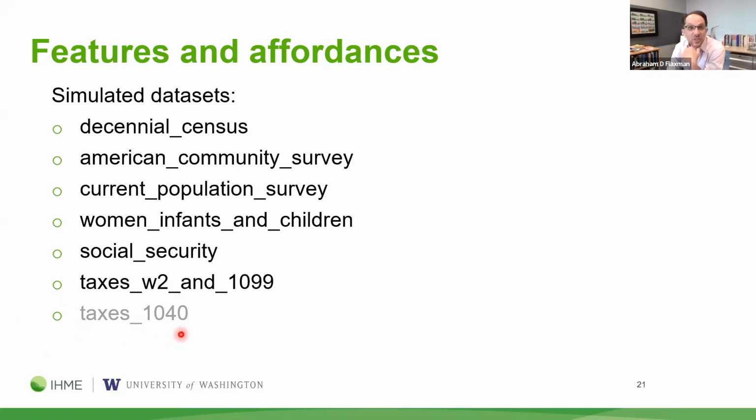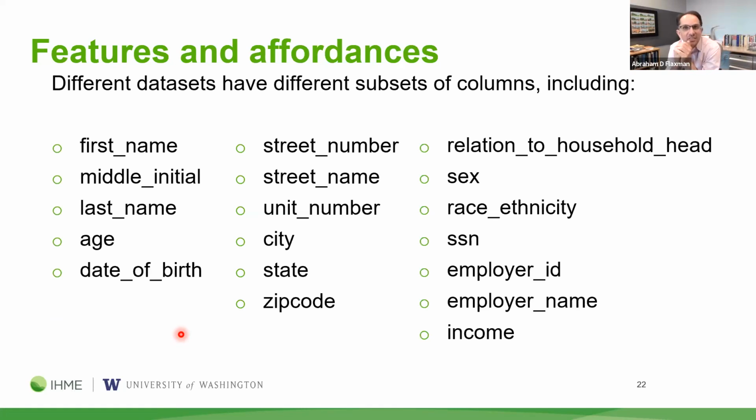And I mentioned on the previous slide all of these other data sets. But each of these data sets has a different subset of columns. On this slide, I've tried to call out how first name, middle initial, last name are pretty common. Age or date of birth might show up depending on the data source. And then there's a lot of information about geography.